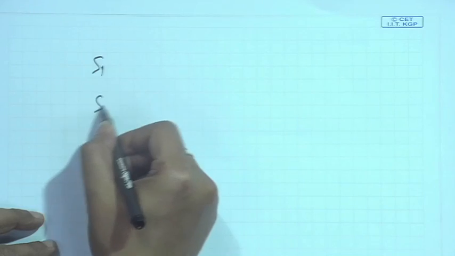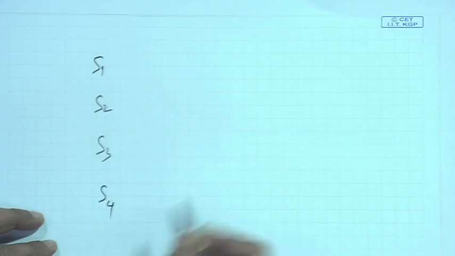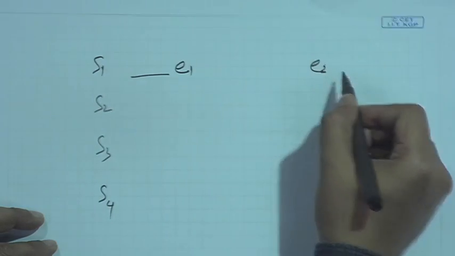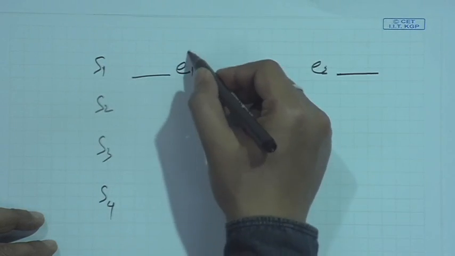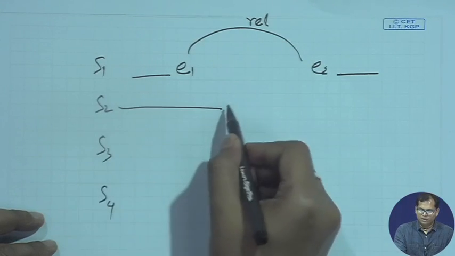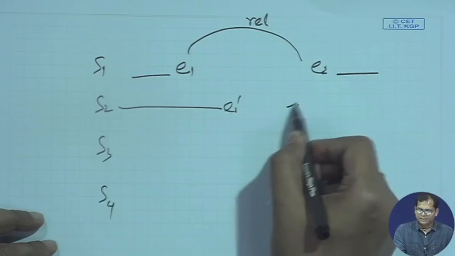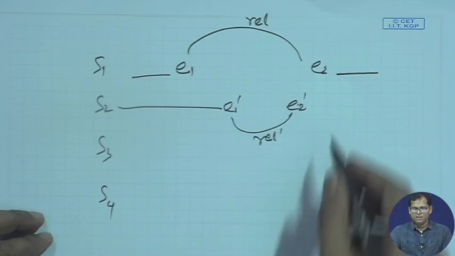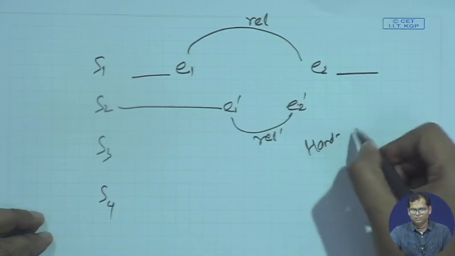So you have a corpus, you will find sentences S1, S2, S3, S4, and you say in this sentence there is entity 1, there is entity 2, and you know what the relation between them is. Similarly here, there is entity 1 prime, entity 2 prime, and some relation prime, and this has to be hand labeled.